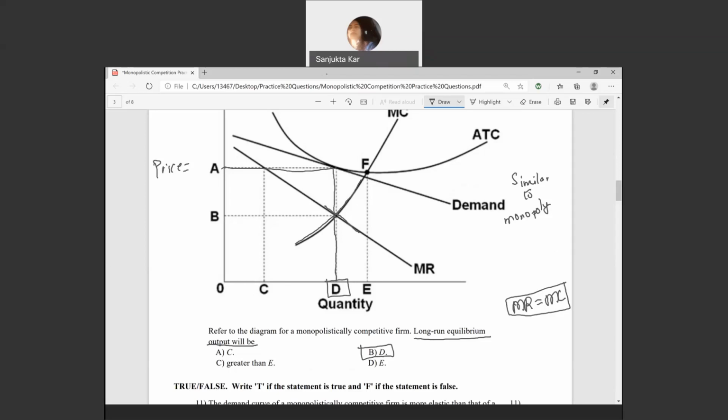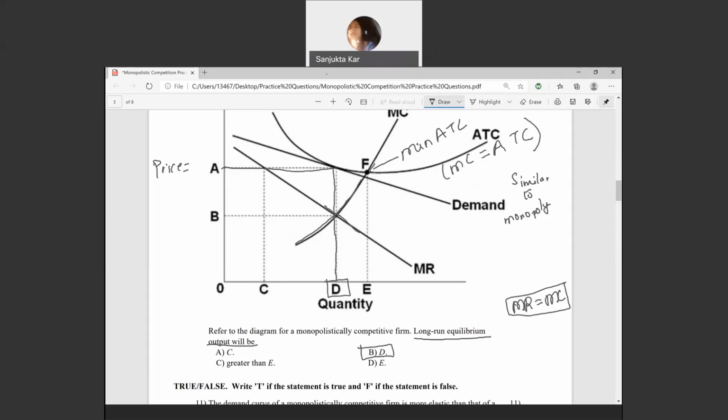Notice something? This is the minimum or the lowest point of the average total cost curve. This is where we find the minimum point of the average total cost curve, at the point where marginal cost is cutting the average total cost curve.